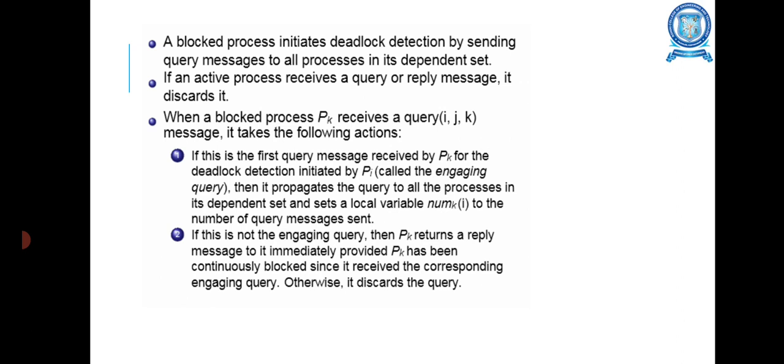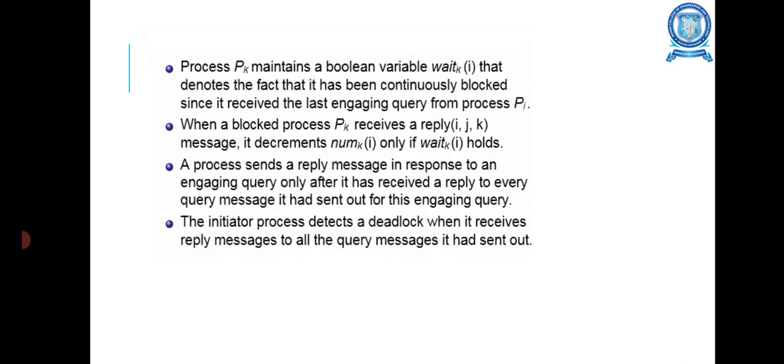If this is the first query message received by Pk for the deadlock detection initiated by Pi, that is, the engaging query, then it propagates the query to all processes in its dependent set. Otherwise, if this is not the engaging query, then Pk returns a reply message to the sender, provided Pk has been continuously blocked since it received the corresponding engaging query. Otherwise, it discards the query.